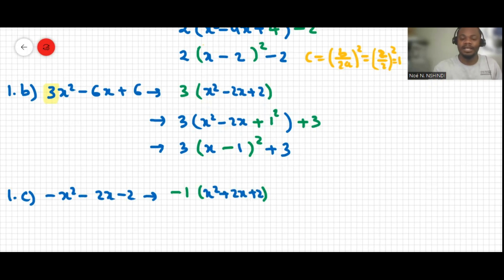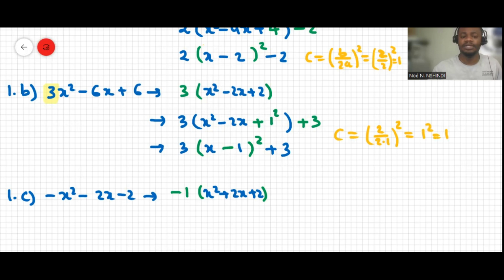Then I will work out the C value. C will be b, which is 2, over 2a, again to the power of 2. This is just 1 squared, which is just 1.